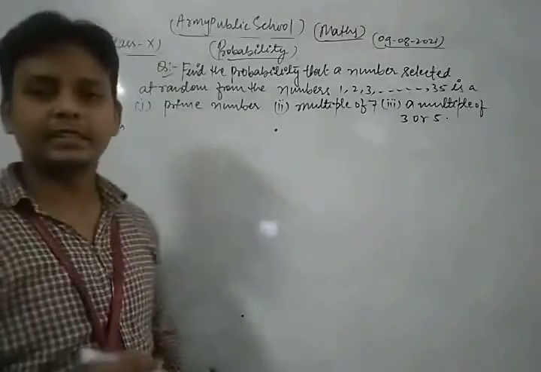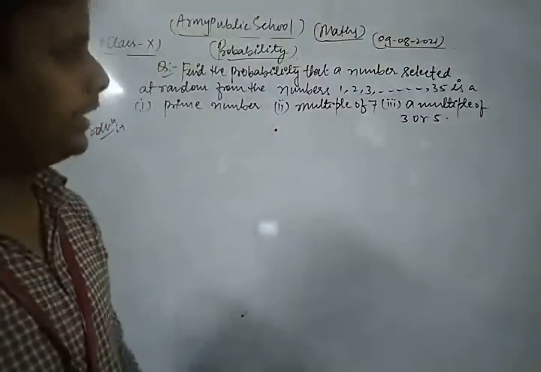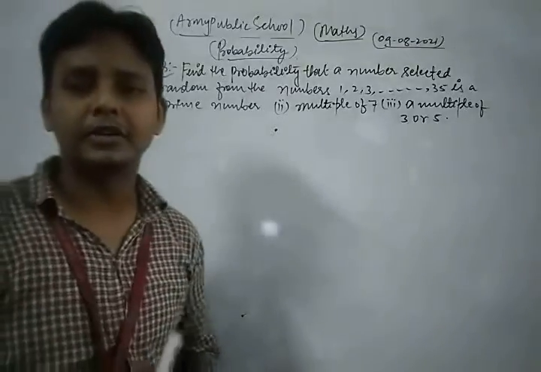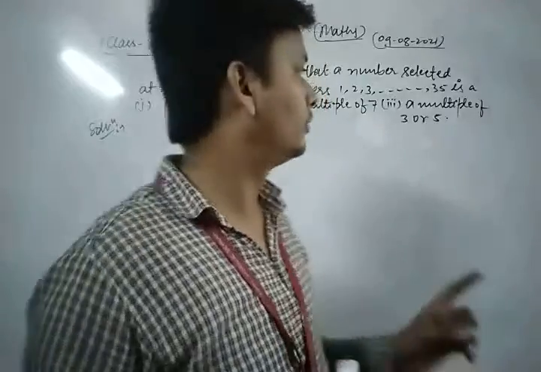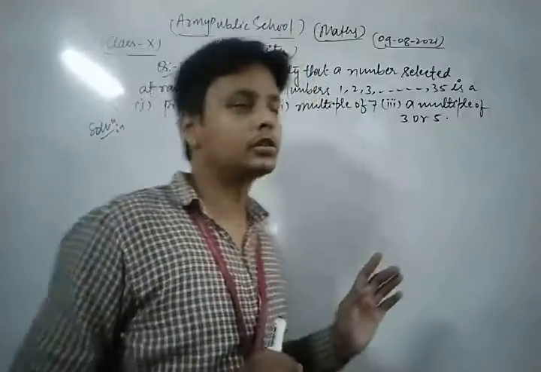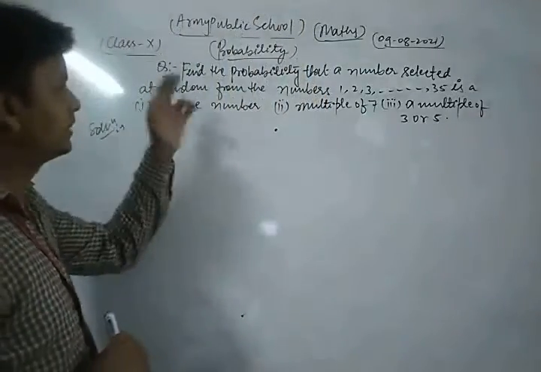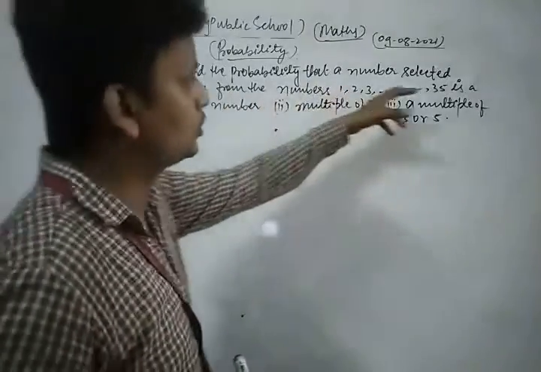Dear students, it is clear from this question that the total number of all elementary events is what? 35, because the number is selected at random from the numbers 1 to 35.